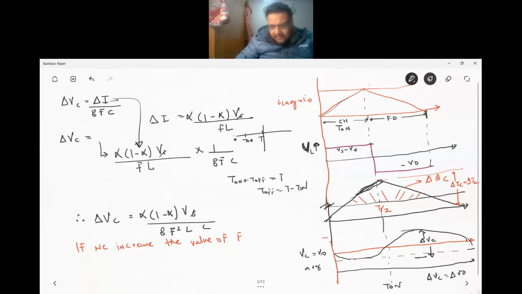In the on period, your VL is Vs minus V naught. In the off period, you just saw that VL plus V naught is equal to 0, so VL was equal to minus V naught for the off period, when it was off.